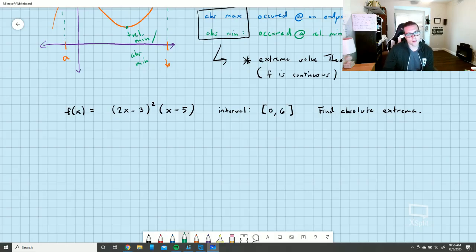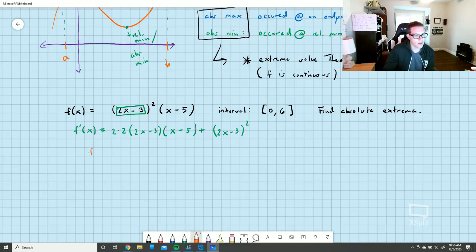Well, we need the derivative because we need to find the critical points. We've done a lot of these now, so hopefully this is okay. Derivative of the first, 2 times 2x minus 3 times the second, and then times another 2 because it's a chain rule, right? I missed a 2 there. So it's 2 times this to the first times the derivative of the inside plus derivative of the second, which is just 1, times the original first.